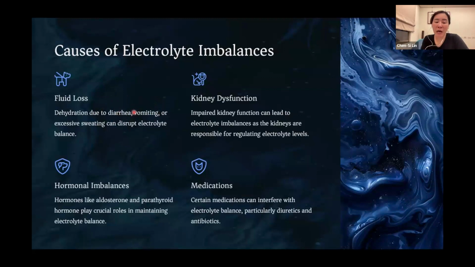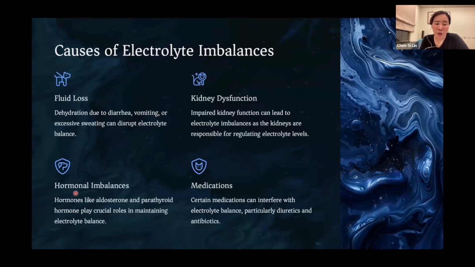So severe diarrhea and vomiting will cause the loss of body fluid. And within this body fluid, electrolytes such as sodium and chloride, or sodium bicarbonate ions, will be lost with the body fluid through severe diarrhea and vomiting.